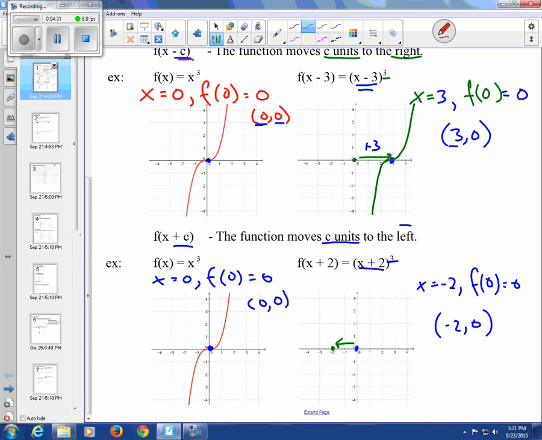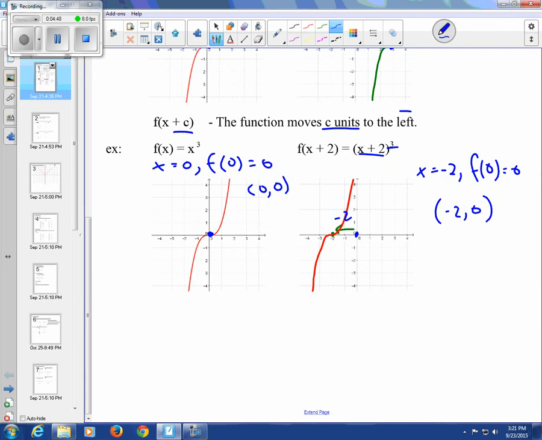Now, again, that's happening for every single ordered pair on the graph of the cube, and we're seeing every single ordered pair on the graph of the cube move 2 units to the left, and that's 2 units in the negative direction.